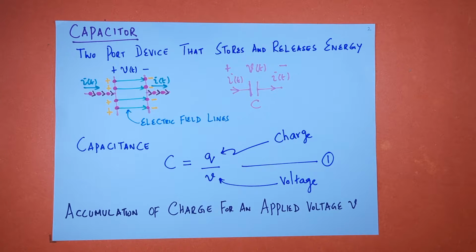By definition, capacitance C is given by Q divided by V, where Q is the charge, V is the voltage. This you call equation number 1.